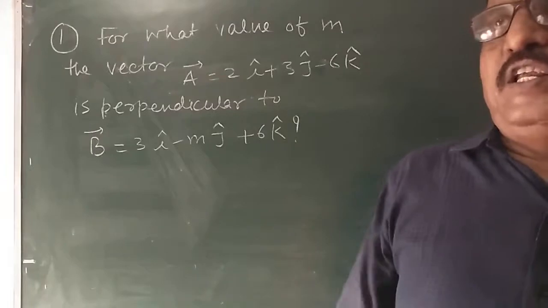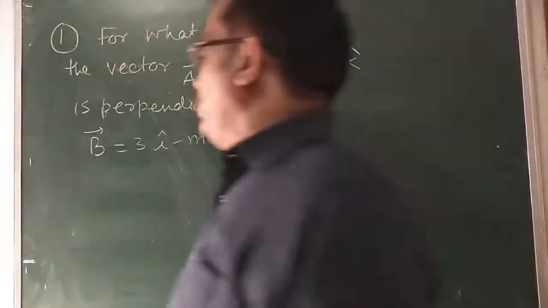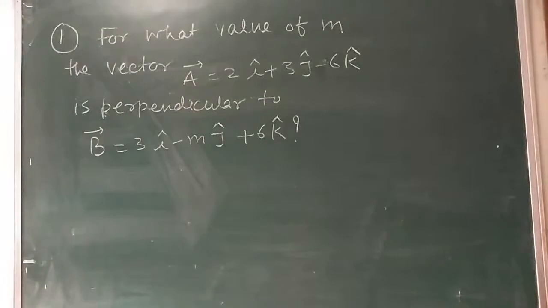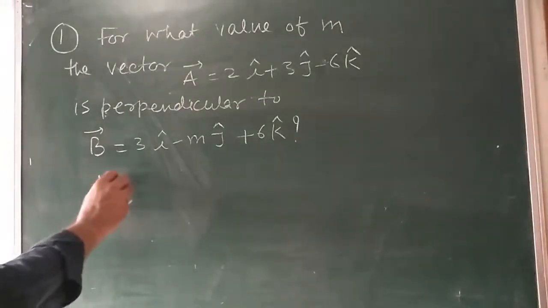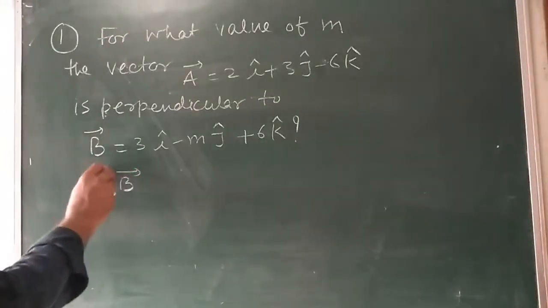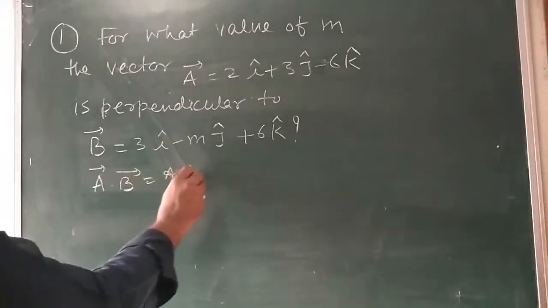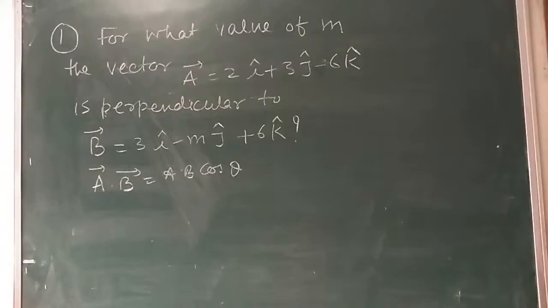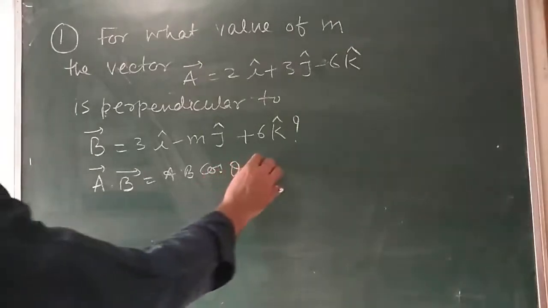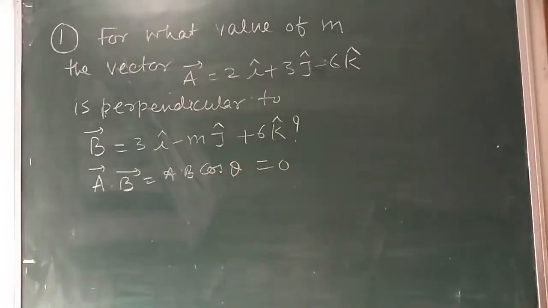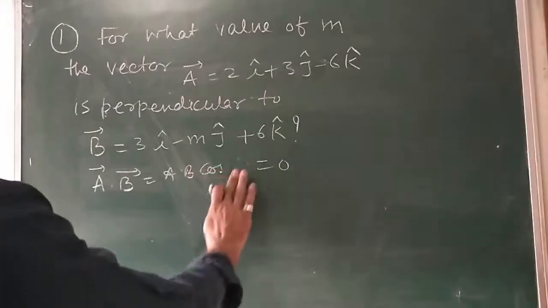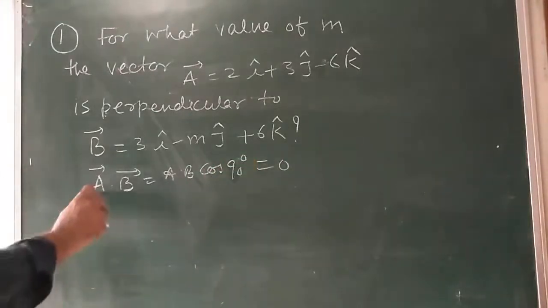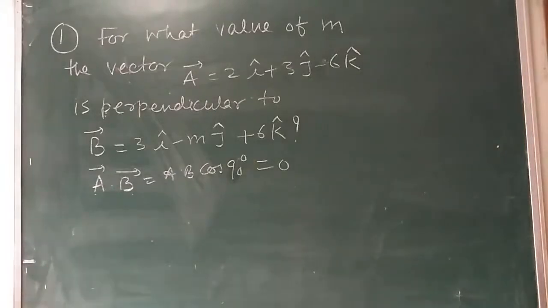Once we have seen in the article of dot product of two vectors, what is the condition for perpendicular here? The condition is a dot b is equal to ab cos theta. This is the dot product of two vectors, and that must be equal to 0. Perpendicular means theta is equal to 90 degrees, cos 90 is 0.